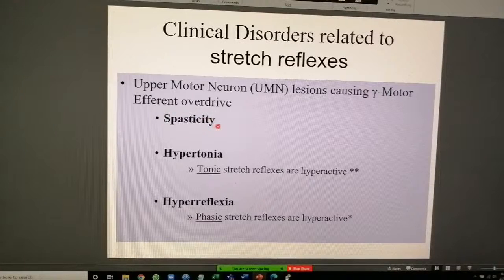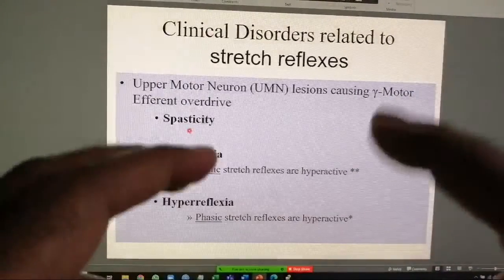Remember, when the muscle tries to contract and relieve the stretch, it can't, because it is being unnaturally stretched by the gamma efferents, which have gone berserk and are not stopping. So no matter what you do with contraction, you will not be able to, quote unquote, relieve the stretch.